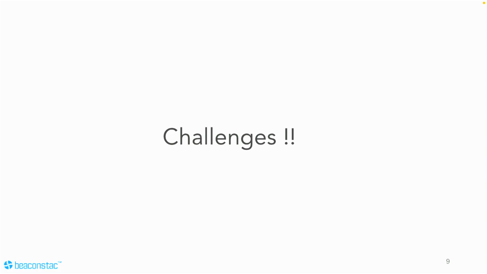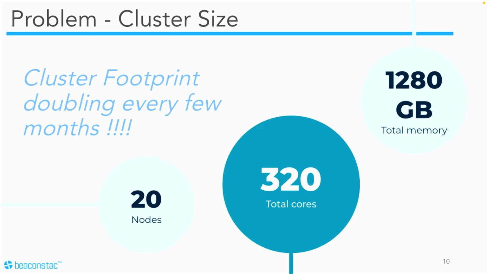Okay, I'm going to talk about the challenges. We were running Elasticsearch for a while, and we were running into problems where we had to scale Elasticsearch again and again. Every six months, we had to scale up the systems to twice the size to meet our needs.